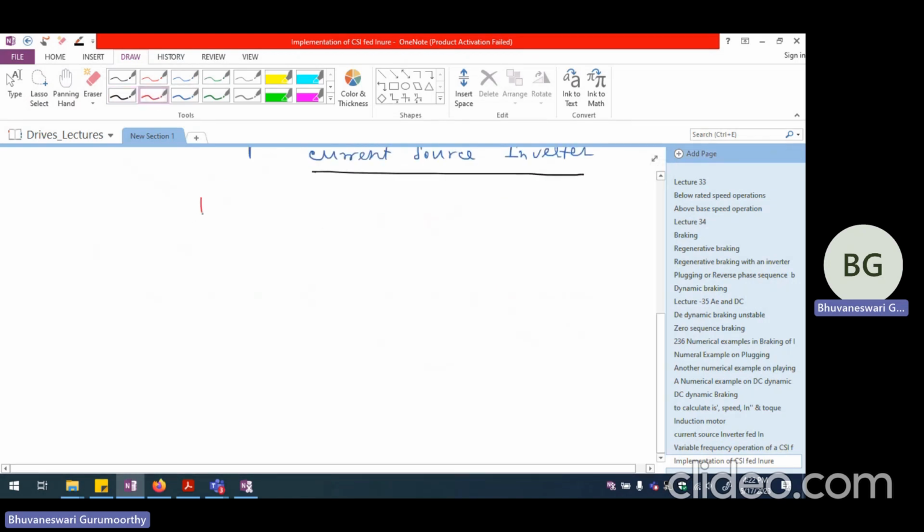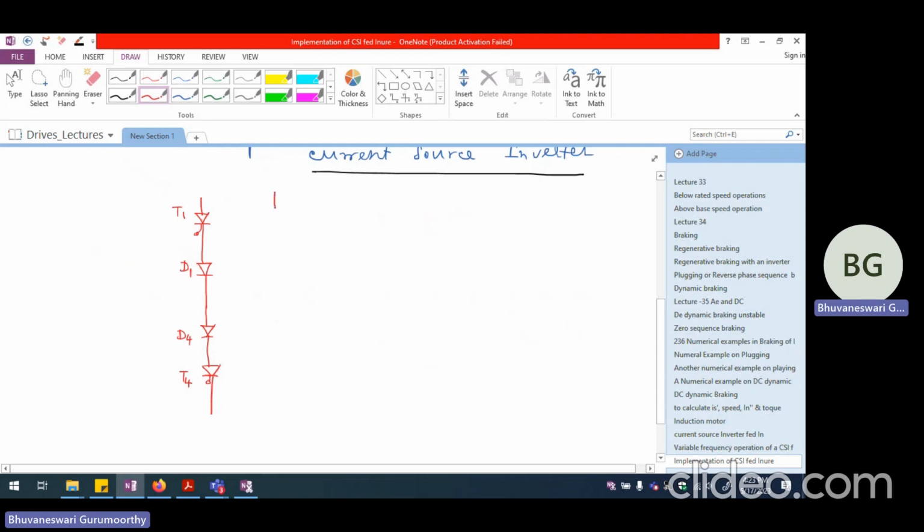We are going to have one thyristor like this, and one diode, and one more diode which will come up here, and one more thyristor. So this consists of one leg. Let me call this T1, this T4, this is D1 and this is D4.